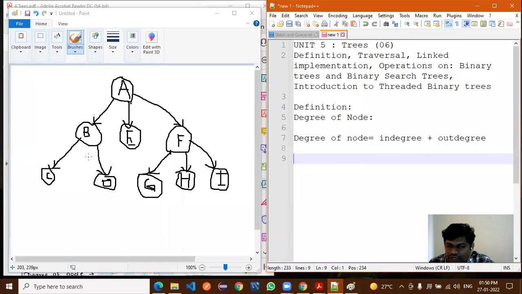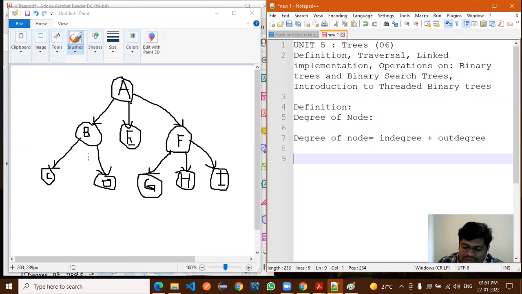And what about out degree? All the nodes in your tree can have out degree of 0, 1 or more than 1. So there is no compulsion for the out degree.